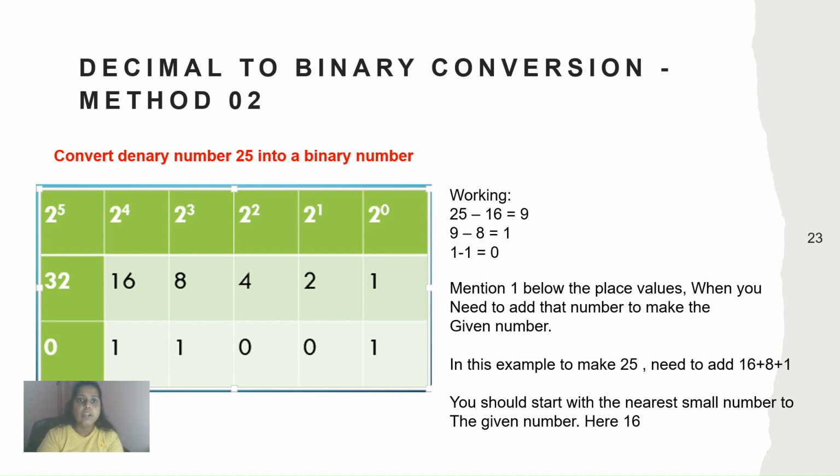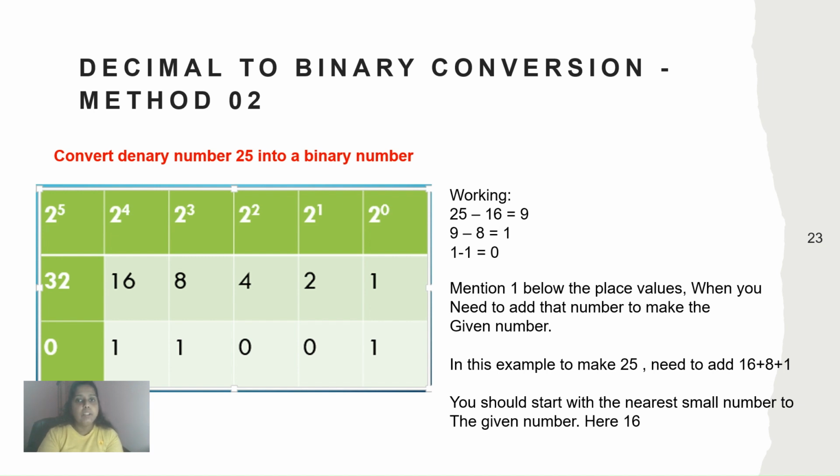Let's check that. 25 minus 16, we have used that. Now subtract and see how much is remaining. 9 is remaining. So you can use 8 to create 9 now. So use 1 here. Then when you use number 8, 9 minus 8, only 1 remaining. So you don't want 4 or 2. You only need 1. So the answer is 11001.